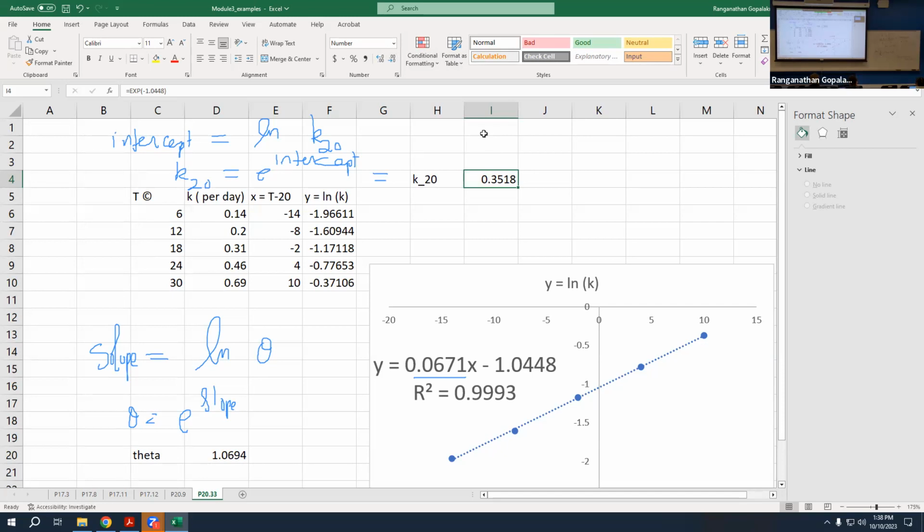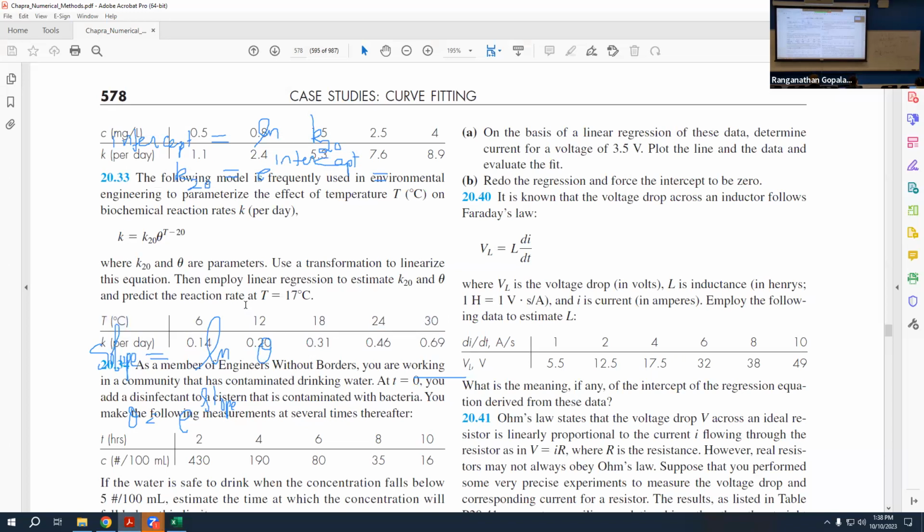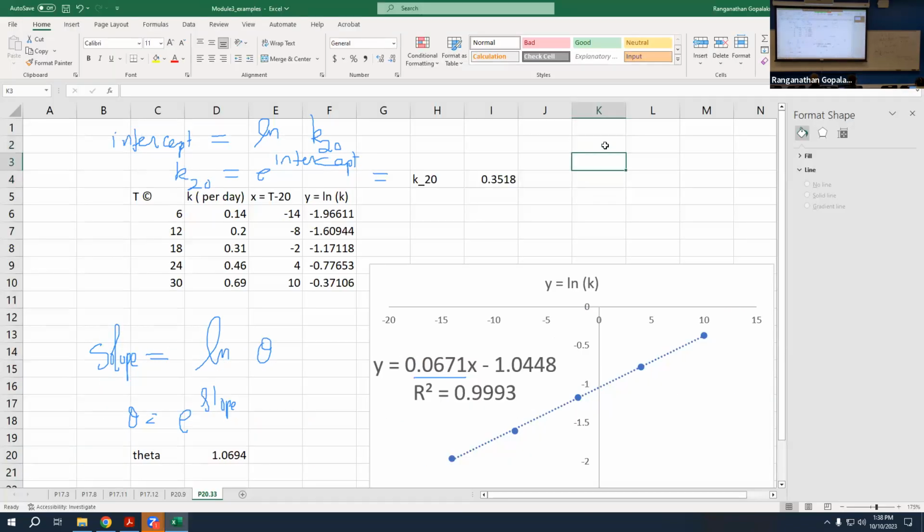Then you are asked to evaluate the rate at 17 degrees Celsius. So K at 17 degrees Celsius is equal to, what is your original equation for that? This equation, yes.